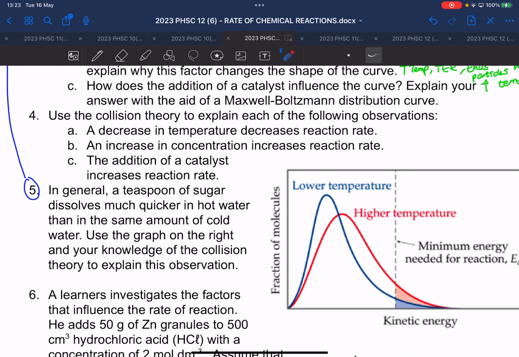Alright, then the next one, an increase in concentration increases the reaction rate.